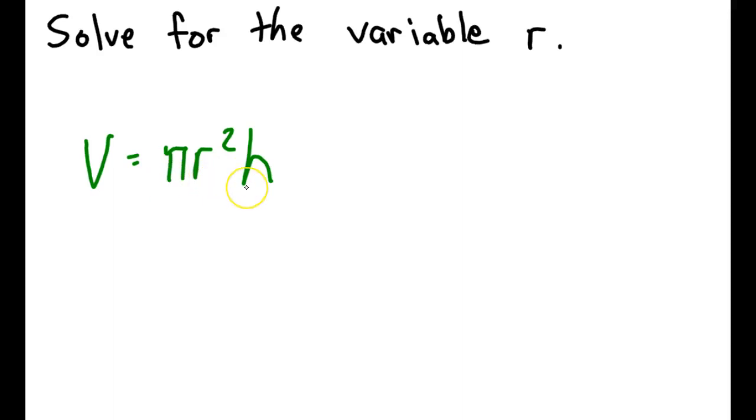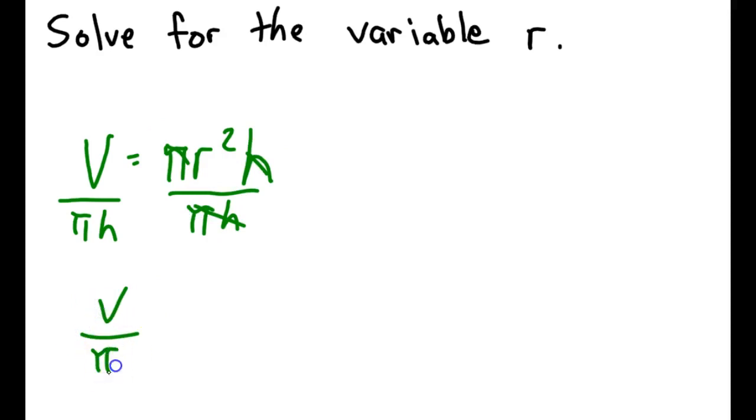These are being multiplied, so I can move them at the same time. I can divide by pi times h and divide by pi times h. So now we're left with volume divided by pi h equal to r squared.